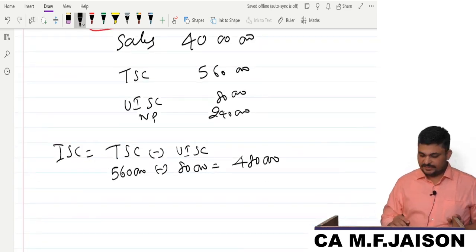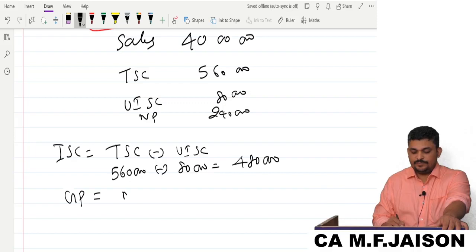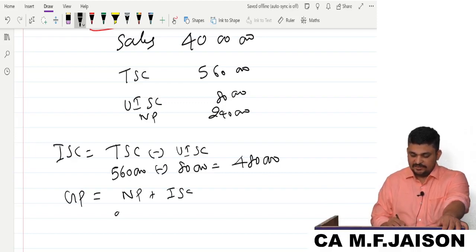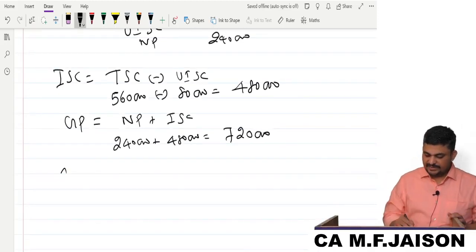So my dear friends, gross profit is equal to net profit plus insured standing charges. So it is 2,40,000 plus 4,80,000, which is equal to 7,20,000. Now listen carefully.